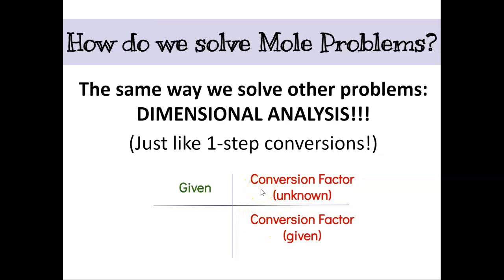Okay, so you would set it up on the right-hand side. So we start on the left with what we're given, and then we start on the right-hand side with our conversion factor. For these problems today, for our intro, your conversion factor is going to be the mole. So what we'll put right here is 1 mole and 6.022 times 10 to the 23rd, depending on which way we're going. Okay, and I'll show you that in your assignment because I'm going to do some example problems with you.